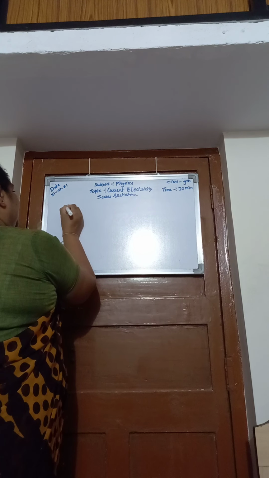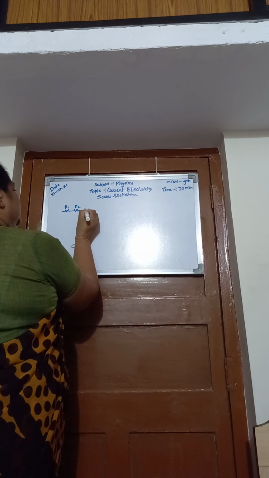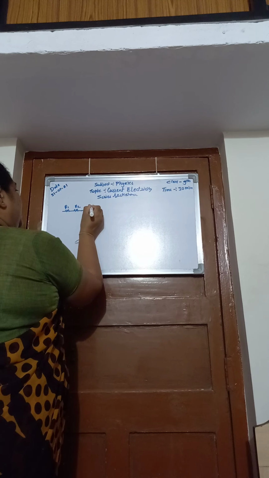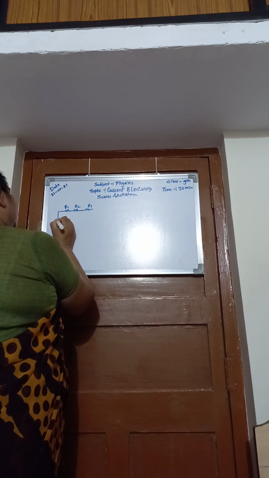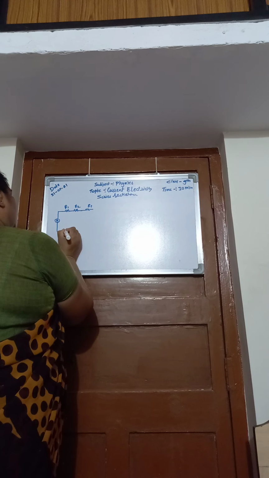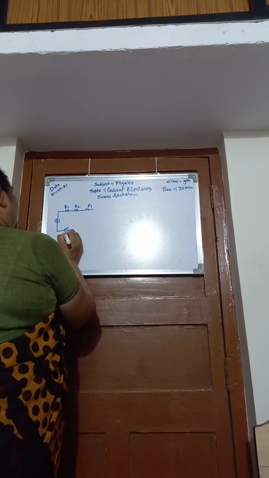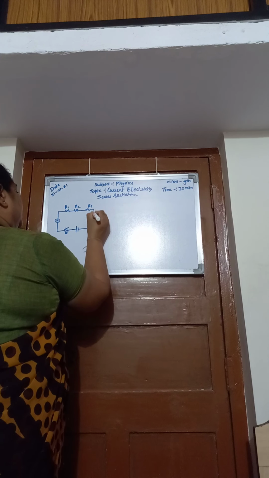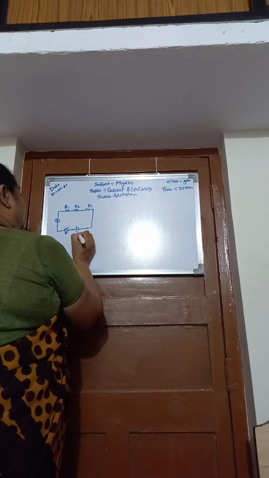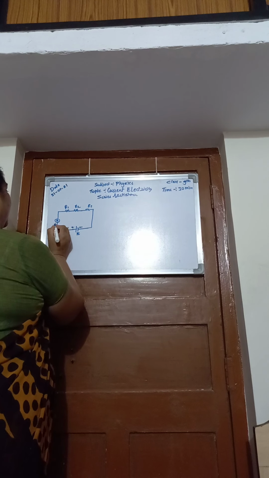This is R1, this is R2, this is R3, this is the ammeter, this is the switch, this is the battery, this is plus, this is minus.